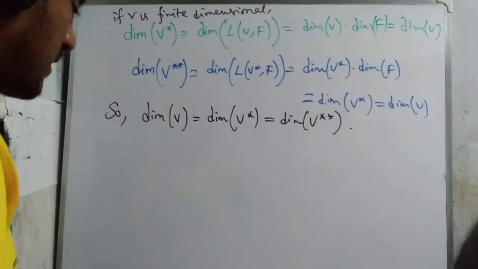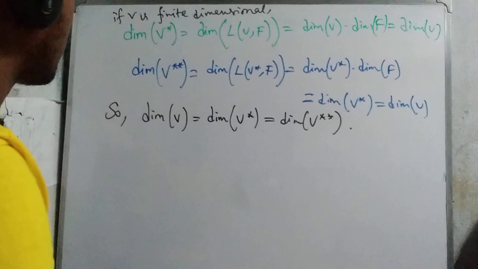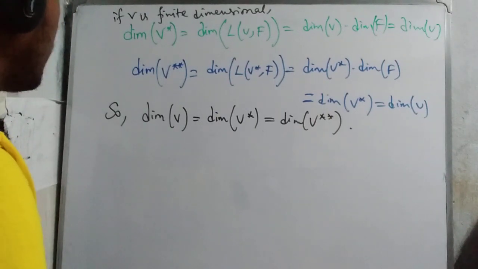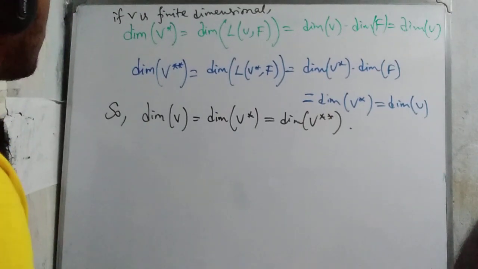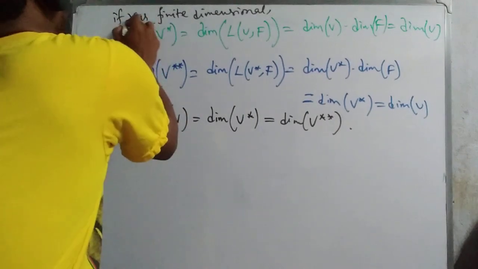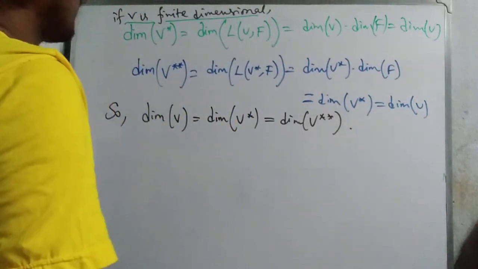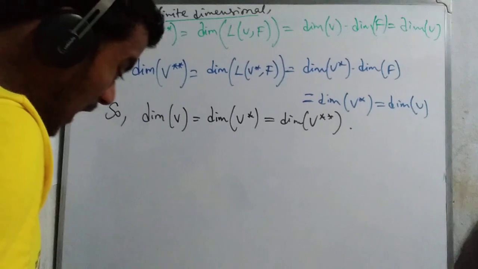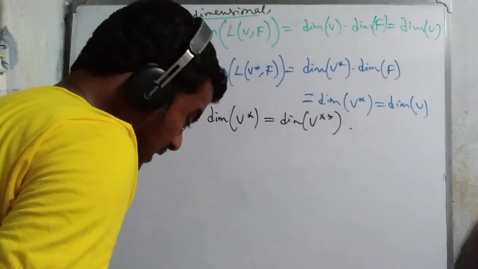That means V, its dual space and double dual have the same dimension if V is finite dimensional.